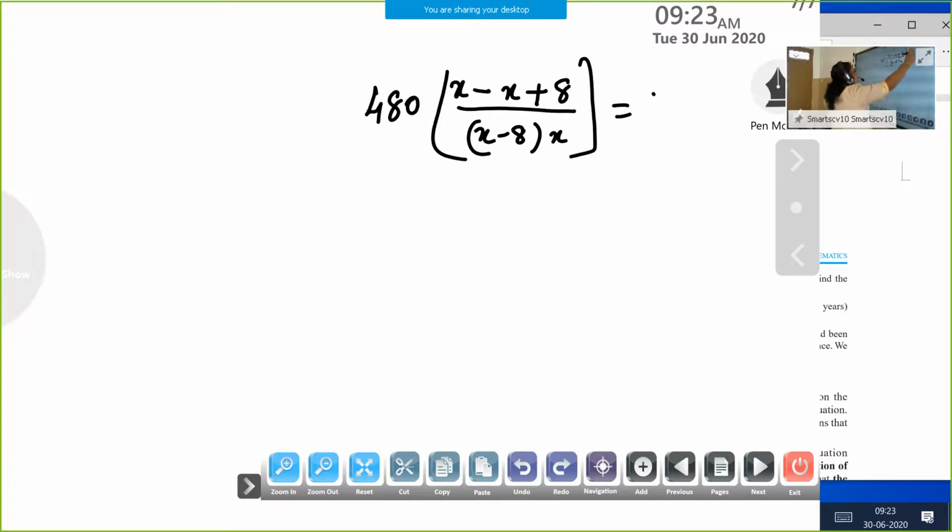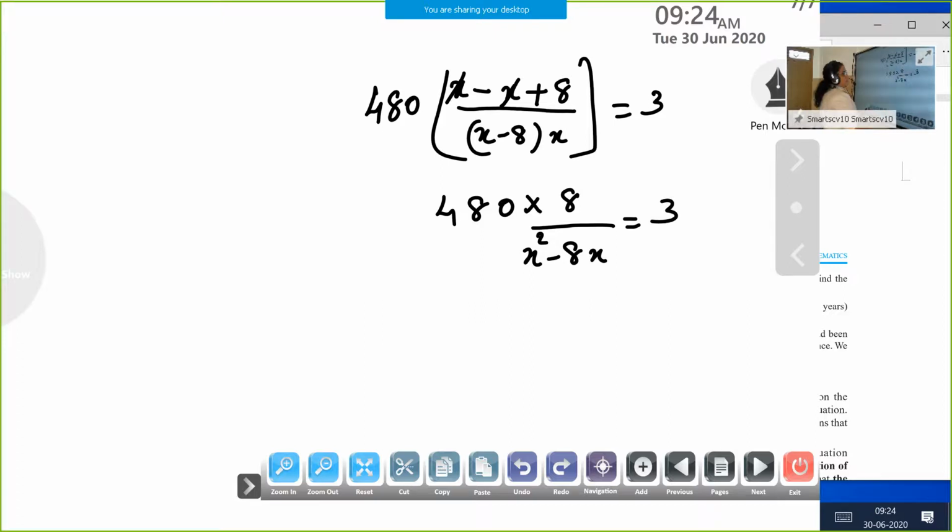So x minus x plus 8 divided by x into x minus 8 is equal to 3. The x terms cancel, giving 480 into 8 divided by x square minus 8x is equal to 3.